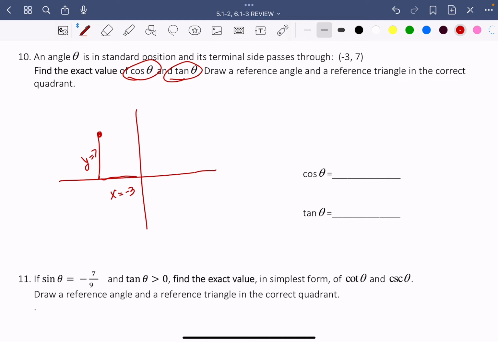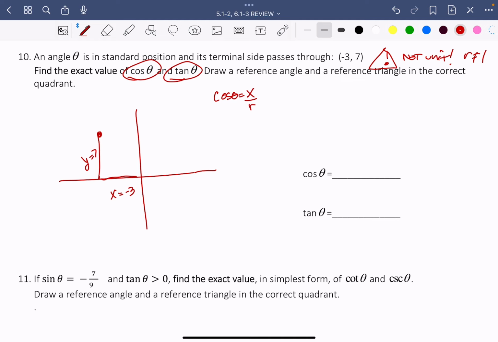I know cosine of theta is x over r, because we're not in a unit circle. Put my little warning symbol. Warning, not unit circle. So that means r does not equal 1. You have to do some work.